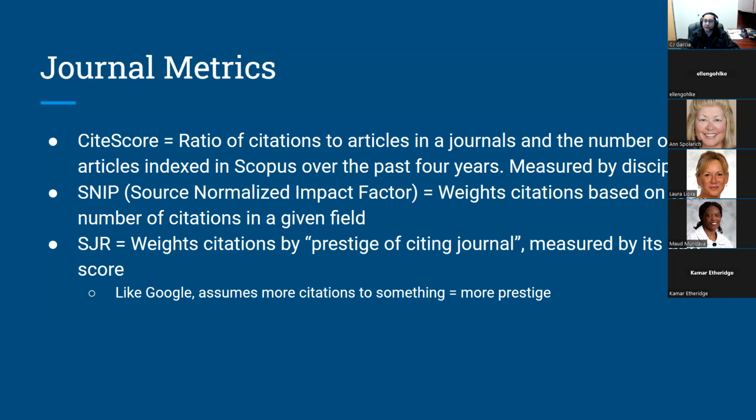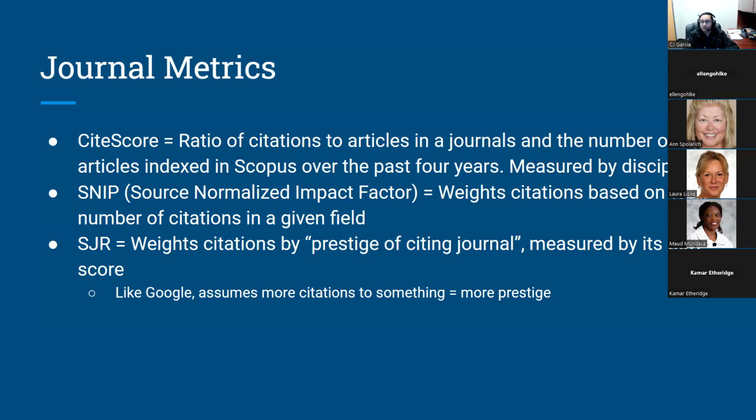Then it separates those out by discipline, so that you're being measured against publishing trends in a specific discipline and not overall. There's a lot more detailed information you get in Scopus, like the exact math and algorithms, and we'll show you a little bit of that in a bit. But at the end of the day, CiteScore is a very straightforward one. It's just a ratio of articles published to the number of citations you're receiving.